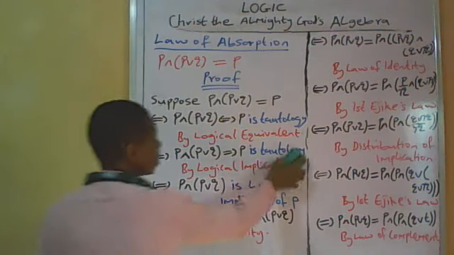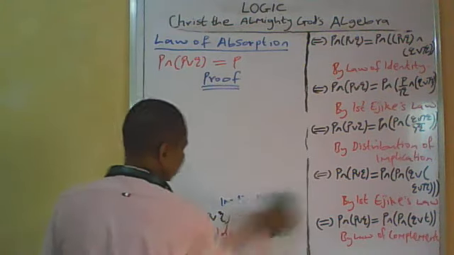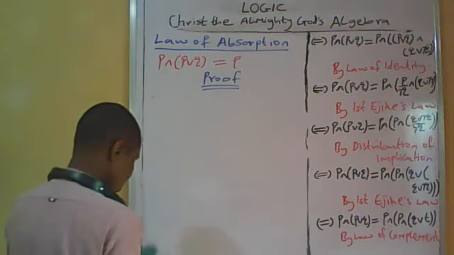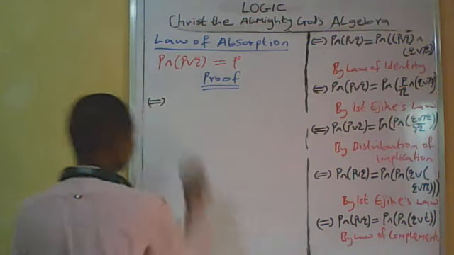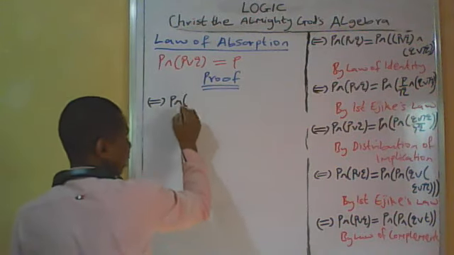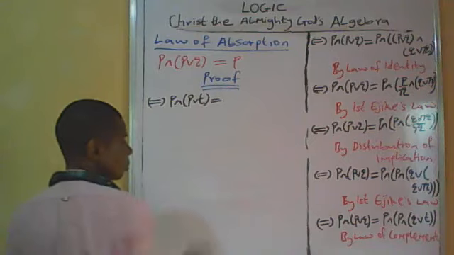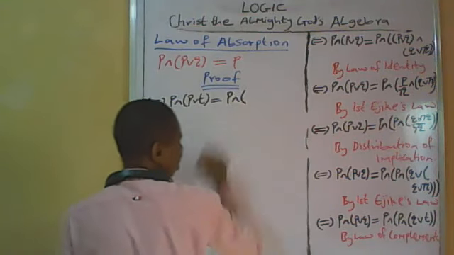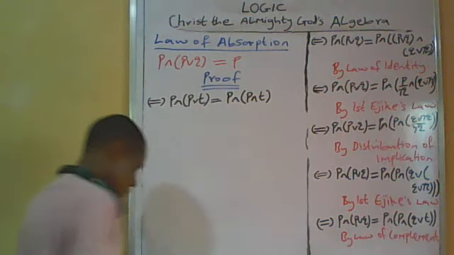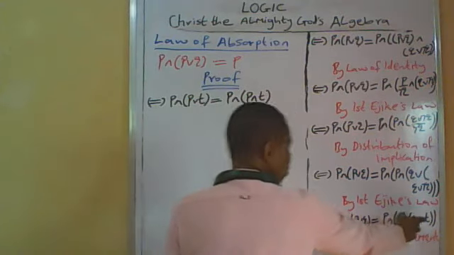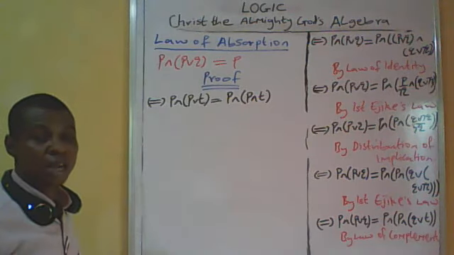We go to this side. If and only if P and bracket P or T is equal to P and bracket P and T. You see that this Q or T, we substitute it with T by the law of constants.